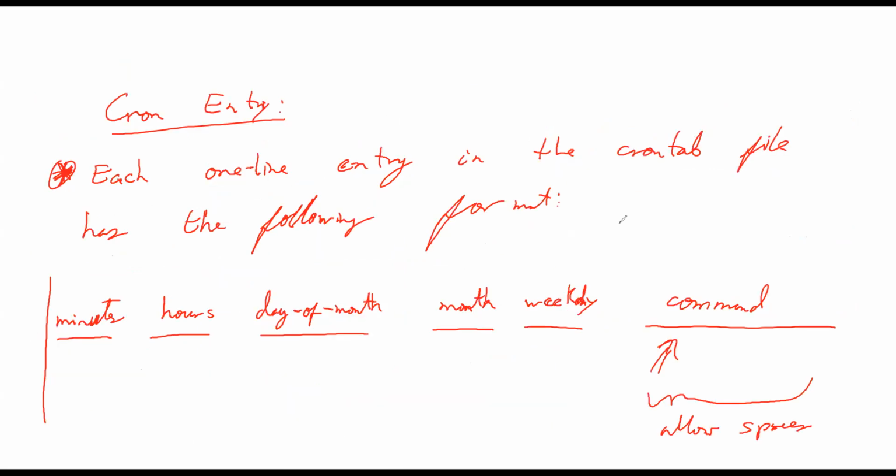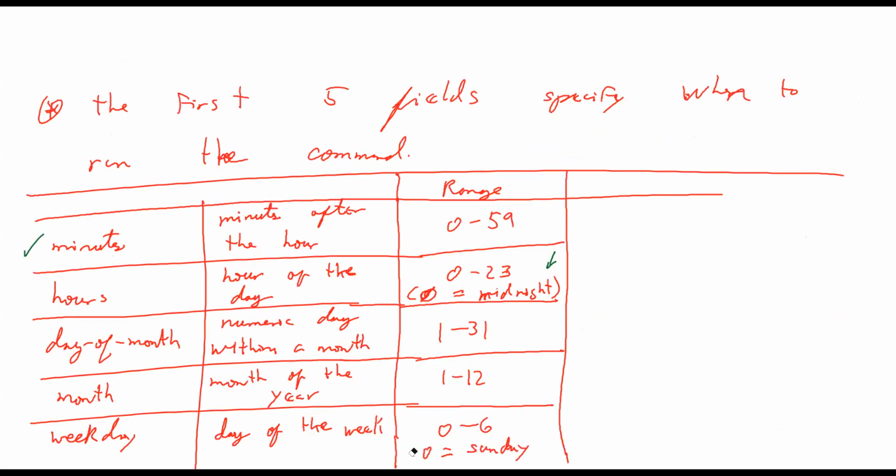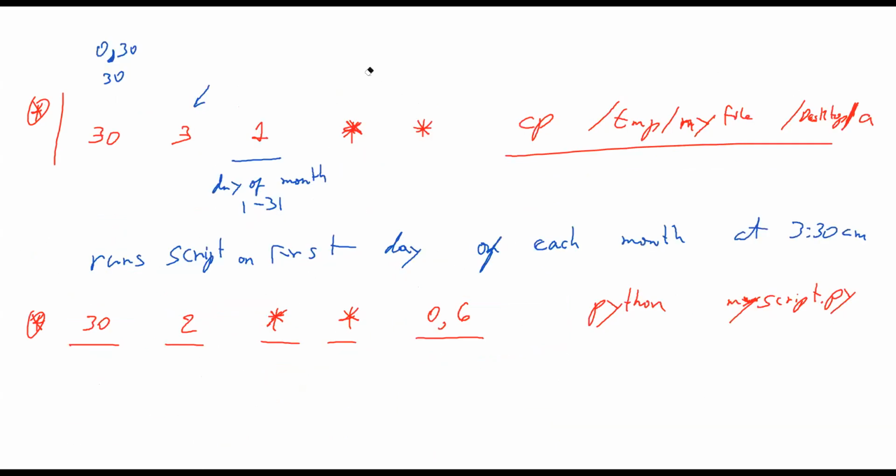It is weekday. That's the first thing we want to take a look at. So it's weekday, the day of the week, and it goes from 0 to 6, where 0 is Sunday. So we go back here.